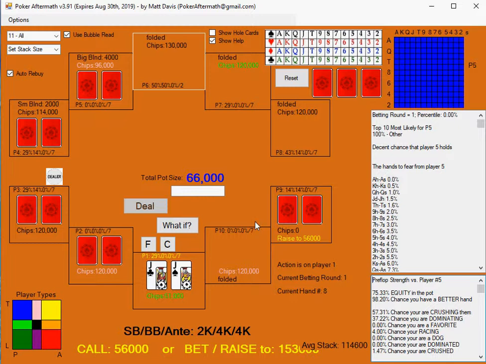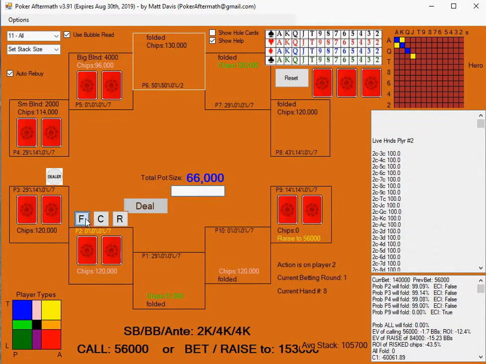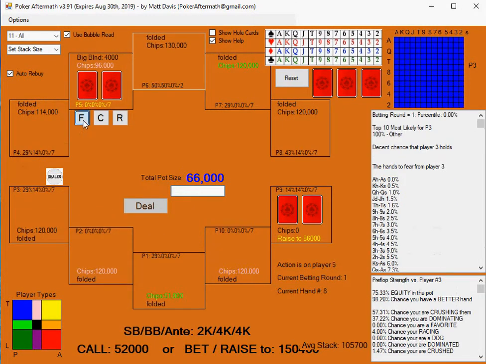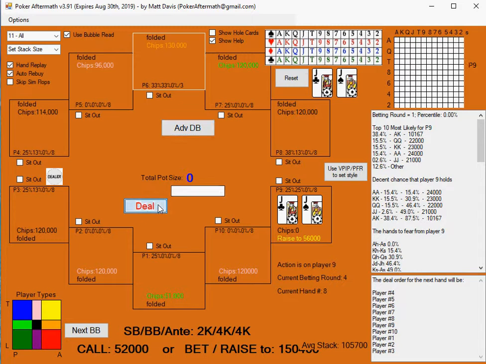So there's a look at how the what if button can help you make some pre-flop decisions. If this player had limped in, then when I click at the what if, I would be wanting to look at the expected value of raising and see how profitable it would have been for me to shove. In fact, let's just go ahead and do that real quick. Let's play that hand one more time. Let's give ourselves those jacks.